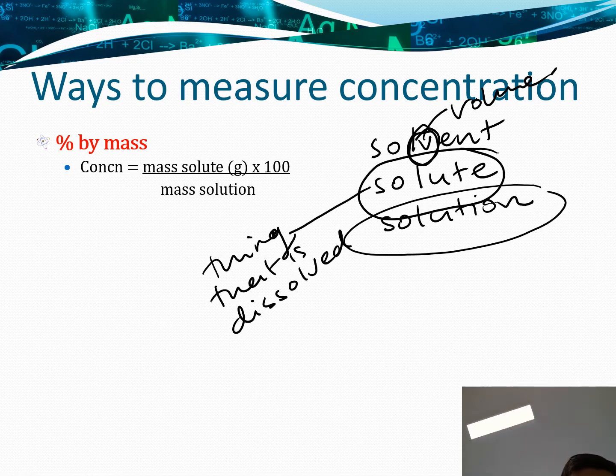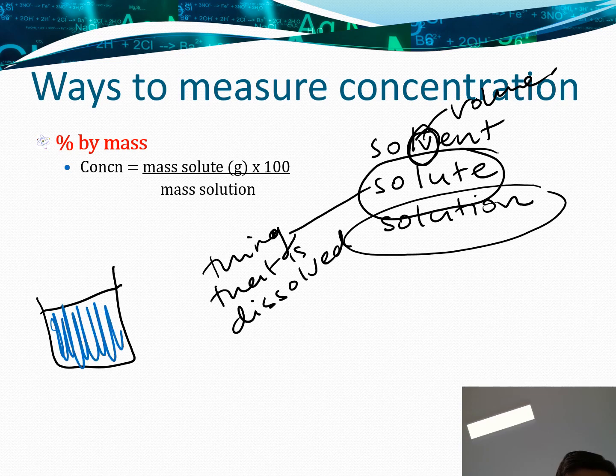So if you were to draw a diagram, this is my beaker, and here's my water. Is that blue? I'm colorblind, I don't know. Let's say that is blue. Cool. So we have H2O, that's the solvent, V for volume.